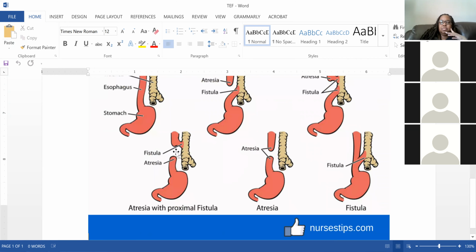Here it's basically showing that now the esophagus is connected to the trachea, but the rest of it isn't. So atresia means it's a narrowing or non-existent, so there it should be attached to its normal structure. And then you have 2 narrowings where they're just separated from each other. So there's different types.